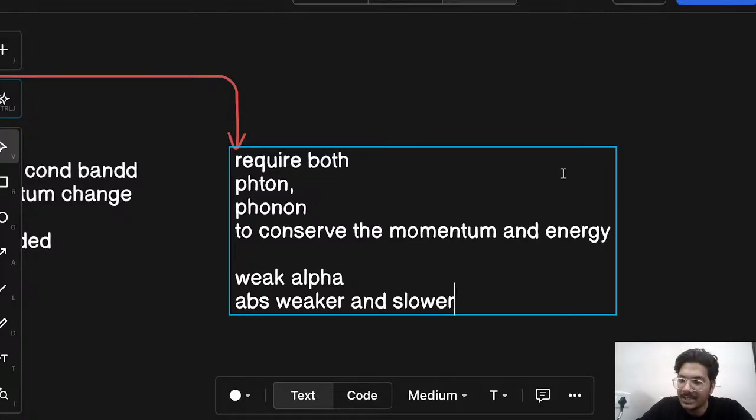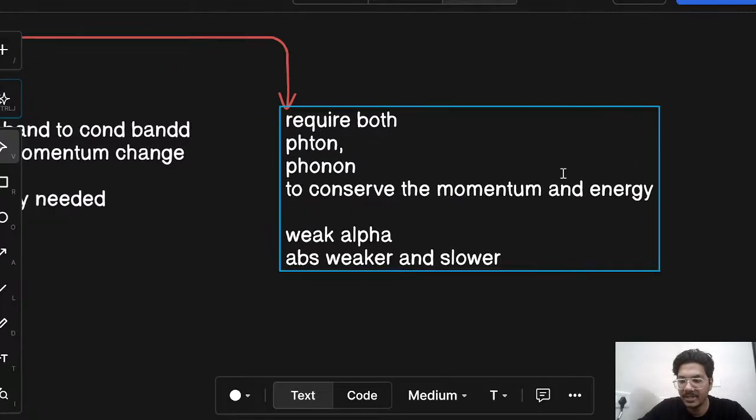For the photodiode, direct absorption is preferable because of high sensitivity, stronger photocurrent, and faster response.